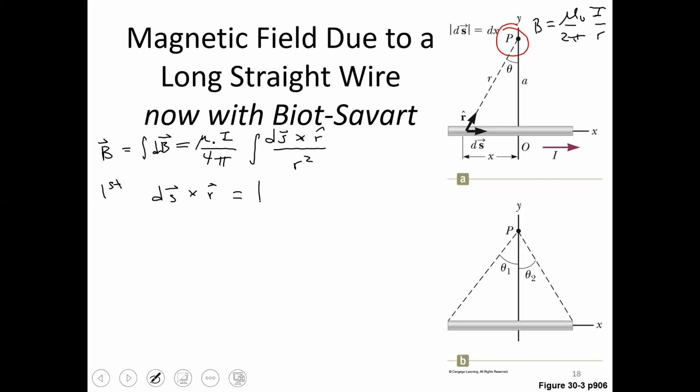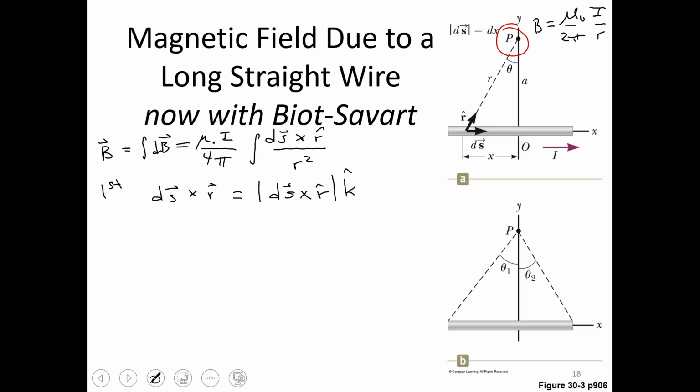And so ds crossed with r is going to give me something of a certain magnitude whose direction is going to be in the z direction or the k hat direction.